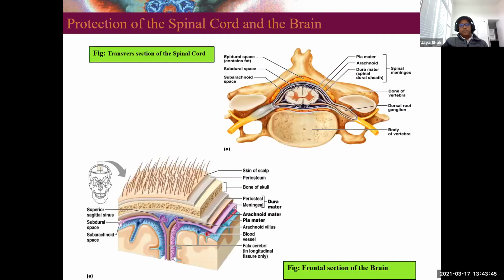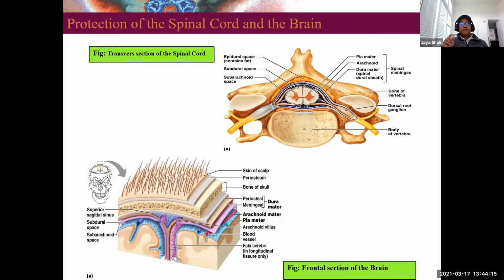So let's go here. I added this to compare, it is not in your slide, I think, and we will go over it in the next slide. We have this slide from an upcoming lecture. So you saw the protection of the spinal cord: bone, meninges, CSF, and there is one inner protection too, and that is the blood-brain barrier.